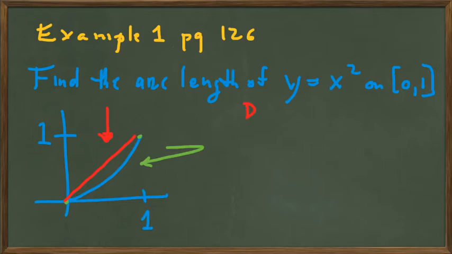That distance between the points 0, 0 and 1, 1 is going to be the square root of what? 1 minus 0 squared plus 1 minus 0 squared. And so that's the square root of 2, which is approximately 1.414. And so we should get some distance a little bit longer than that. So let's see what we get when we set this up.